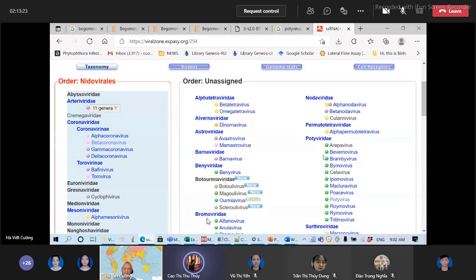Thưa thầy, nó ở chỗ Coronaviridae. Okay, beta or alpha. Beta coronavirus. So this virus is RNA, single strand, positive sense. I click here to see.